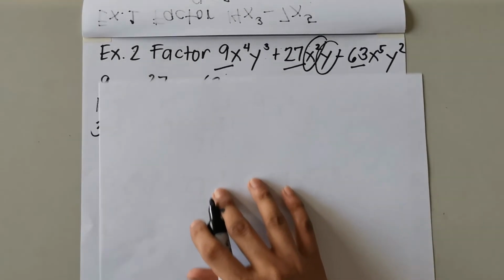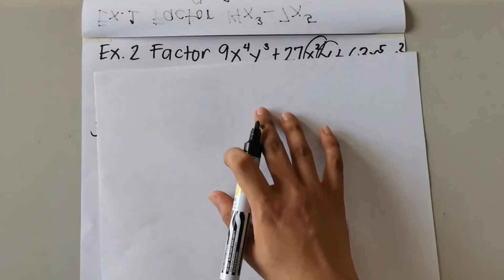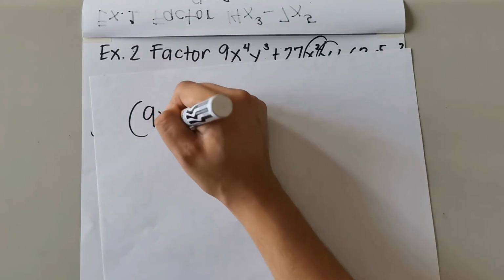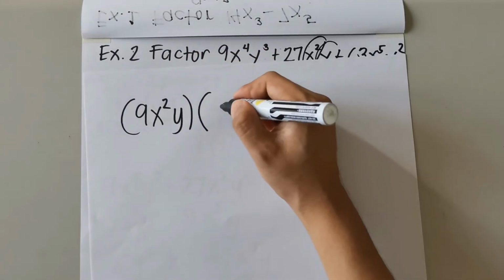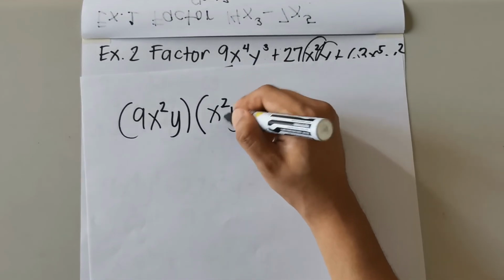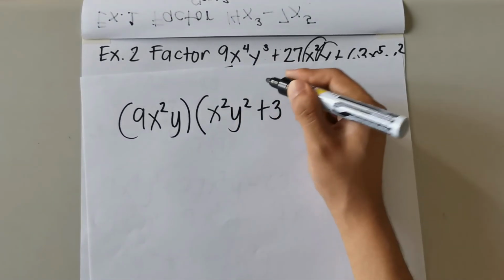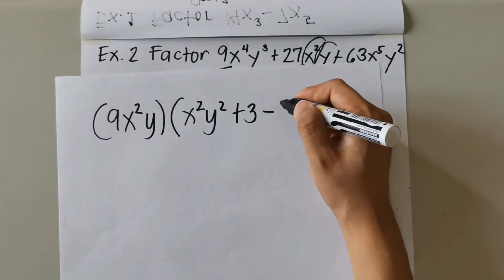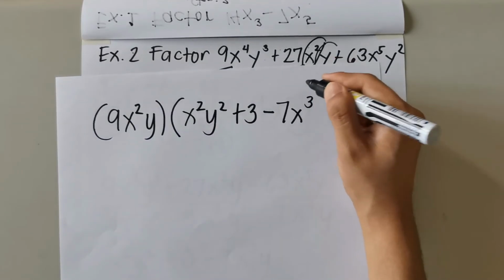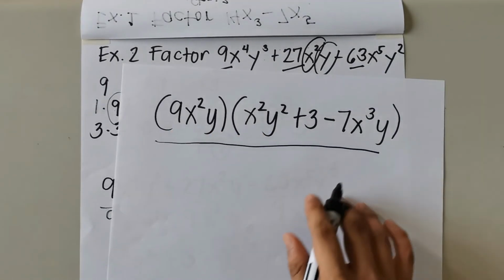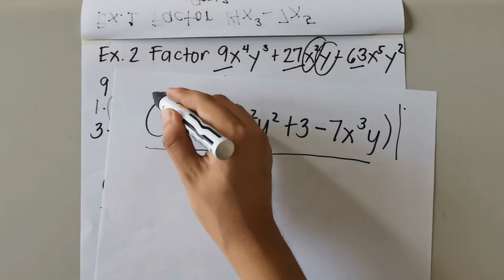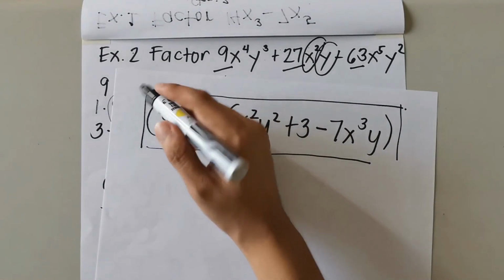Again, our factors are 9x squared y and the quantity of x squared y squared plus 3 minus 7x cubed y. Okay, so this is our final answer.